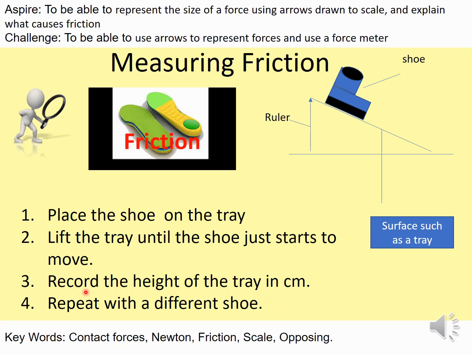So it may well not be your shoes, that somebody in your house has more shoes or types of shoes than you do, or maybe you have several pairs of shoes yourself. Now we're going to record the results, and I'd like you to move on to the next slide if you understand exactly what I've just said, or just rewind the last minute or so and re-listen to the instructions for the practical work.